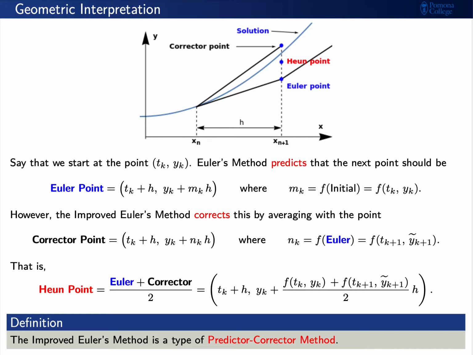That is, we have instead a different slope, which is just the slope that we had at the Euler point from before. The Heun point now just considers the average of these two. That is, essentially, we just want the average of the slopes. In other words, the improved Euler's method is a type of predictor-corrector method. The Euler point is what we predict from Euler's method, but there is a corrector point coming from looking at the slope at this Euler point.